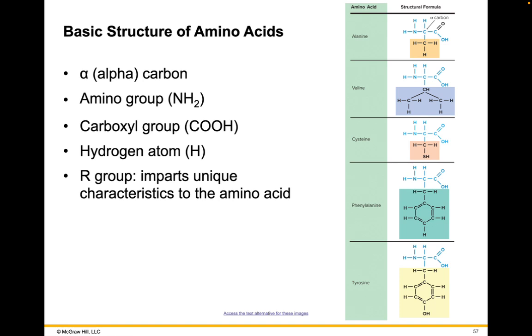So the basic structure of an amino acid. Amino acids are the basic structure of proteins, but what is the basic structure of an amino acid? Well, they're carbon-centered, so each of these is going to have a carbon at the center with an amino group on the side, so that's the nitrogen with the two hydrogens, so that's why it's called an amino group, or amino acid. It's amino, and this is the carboxyl group, which forms acids.